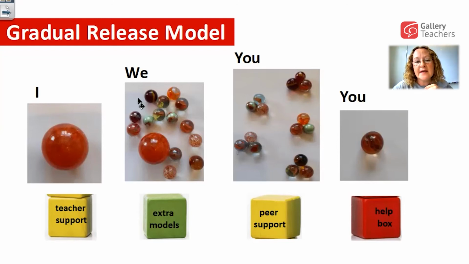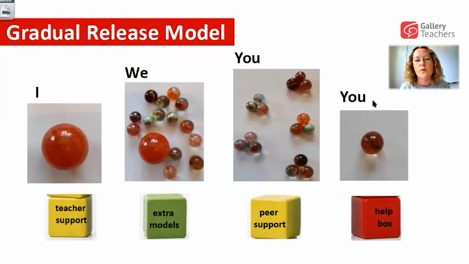And then the other phase, so this is the I, we, you model that it's sometimes called as well, is the second you. So English is annoying. We've got you singular, you plural. If we're going to get real progress, we need to give a student a chance to work completely by themselves. And in our communicative model of teaching, we very frequently go for pair work, group work, do it together.